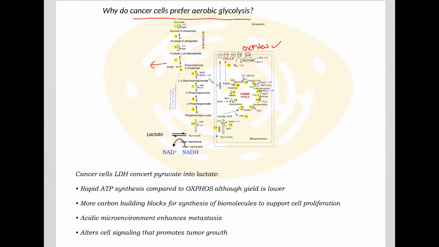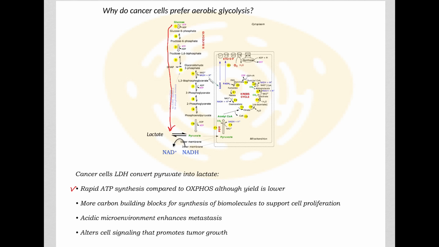Why they do this, we do not exactly know, but there are several suggestions that we find in medical literature. So one possible reason is that the glycolysis system of generating energy is much faster.